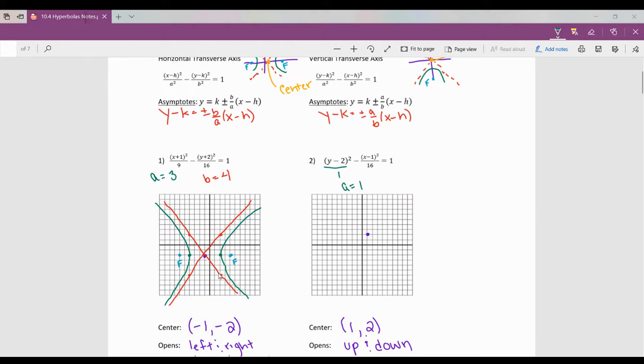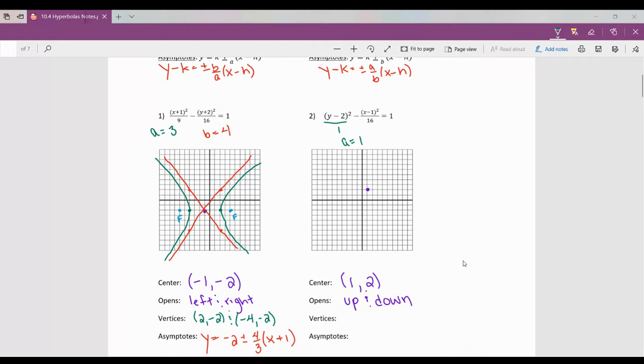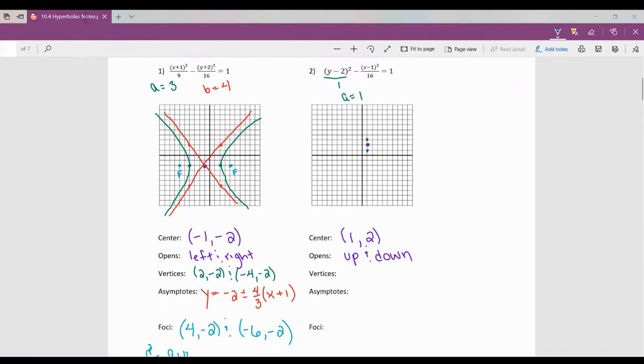Because my A is 1, I'm going to count up and down, because it opens up and down. I'm going to count 1 up from my center and 1 down from my center. So my vertices are going to be 1, 1 and 1, 3.